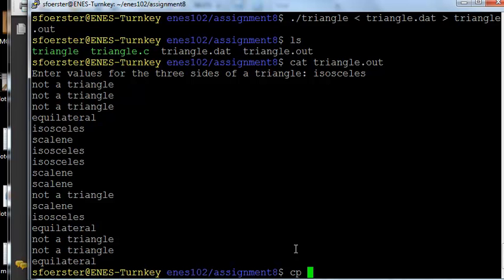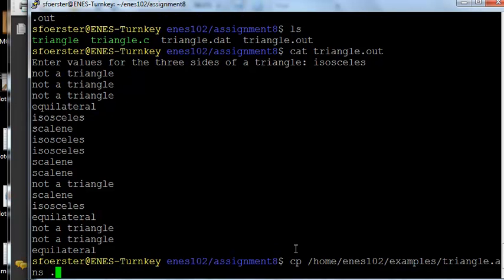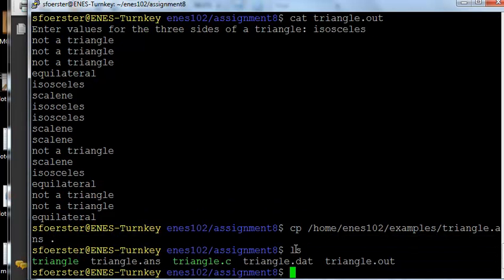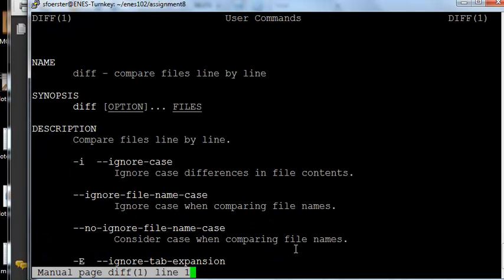Now let's copy home NES 102 examples triangle.ans. Okay, now he wants us to use the diff command to compare the two. So let's man diff. Okay, diff compares files line by line.